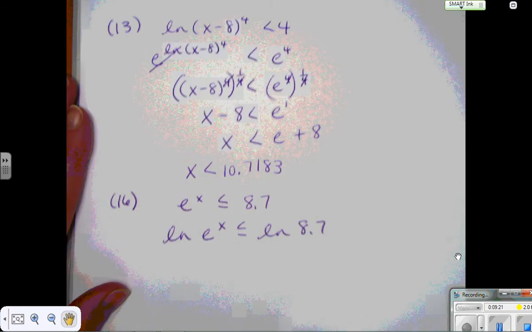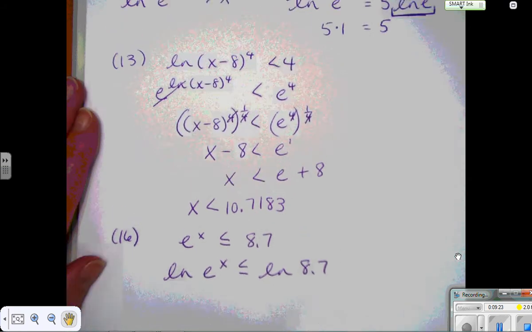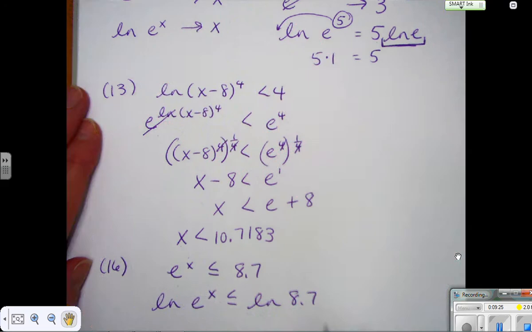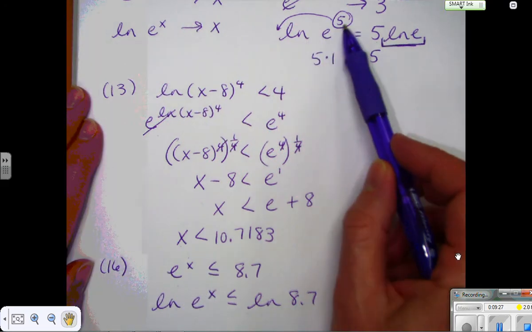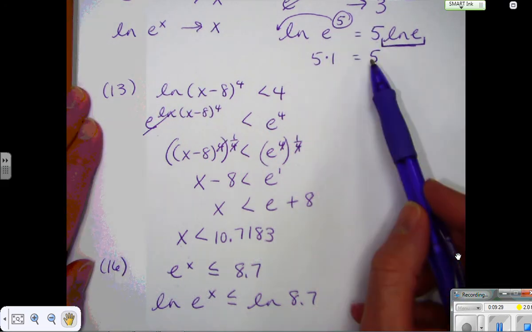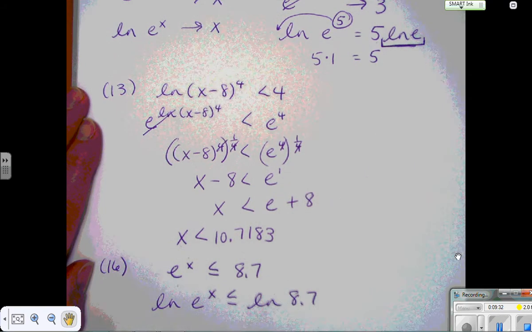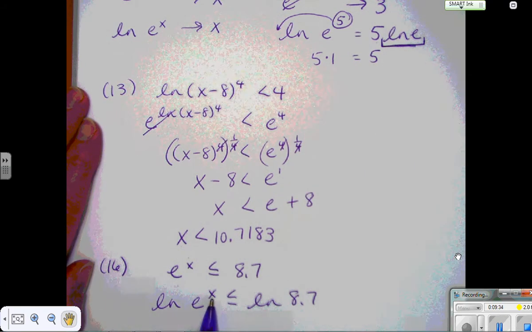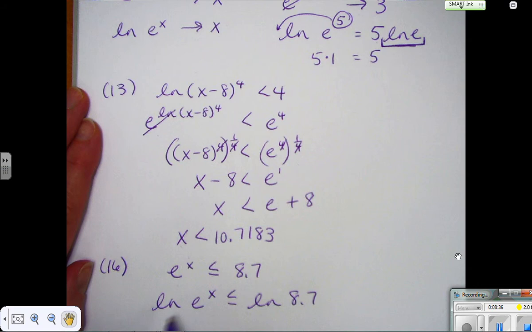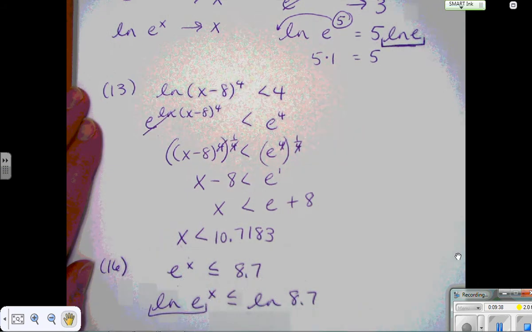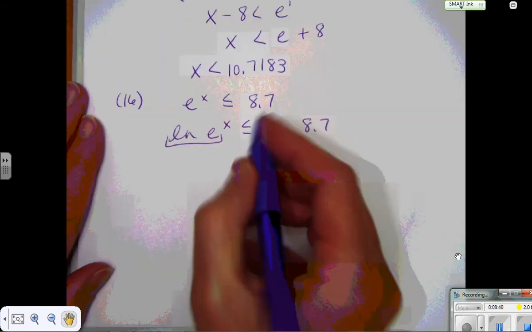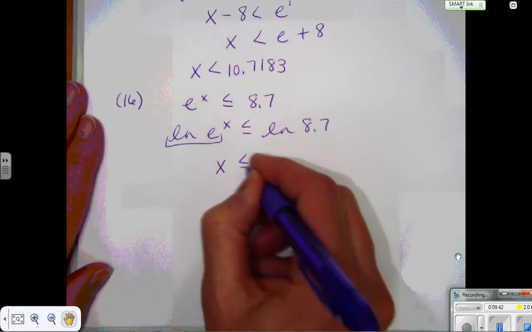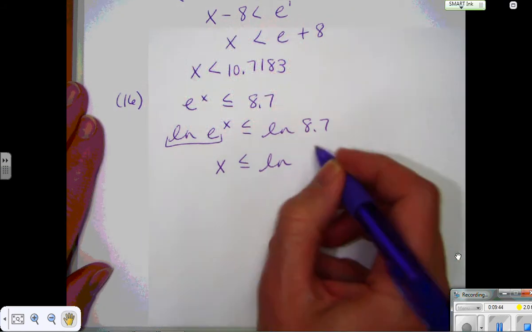Okay, so from what we talked about at first, when you have ln of e to some power, the value is just whatever the power is. So ln of e to the x power, this value is just going to be x. This ln of e is 1. So I'm just going to have x on the left side, less than or equal to ln of 8.7.